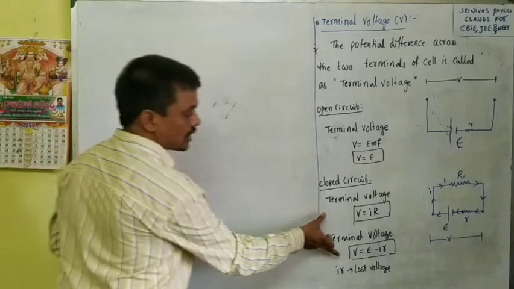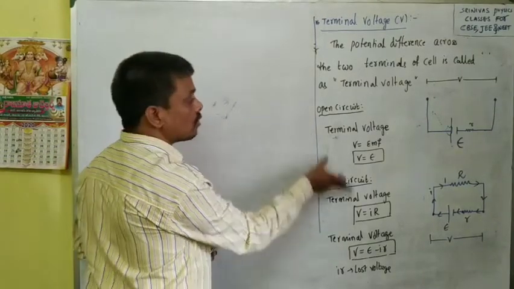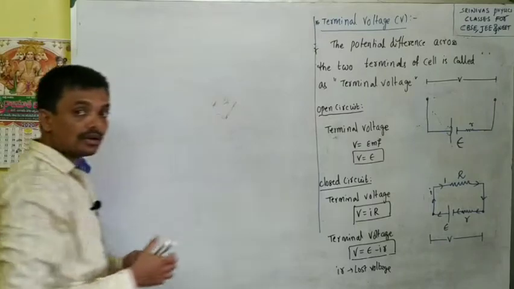In the closed circuit, these are the terminal voltage formulas. In the open circuit, the terminal voltage is equal to EMF.